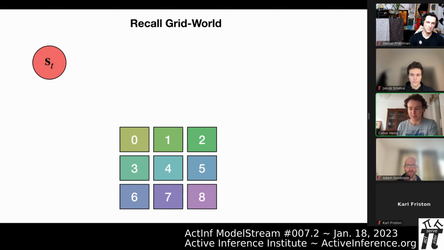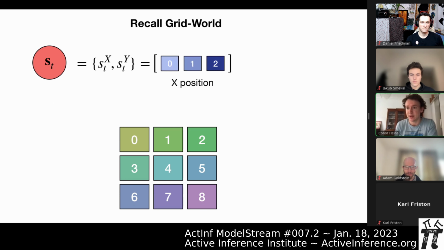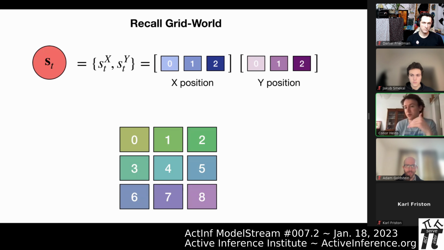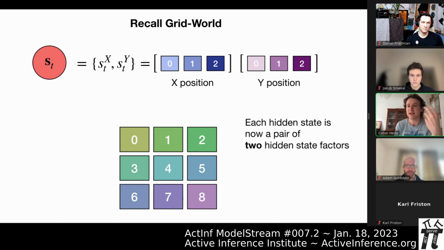In a factorized representation, the grid could be represented as 2 orthogonal or independent hidden state factors. One is something like the x displacement or the horizontal displacement, which now just takes 3 values: which column of grid world are you in? And then vertical displacement or y position, which is something like which row of grid world am I in? And so now each hidden state is not a single 9-dimensional vector, but it's actually a combination or a pair of 2 hidden state factors.